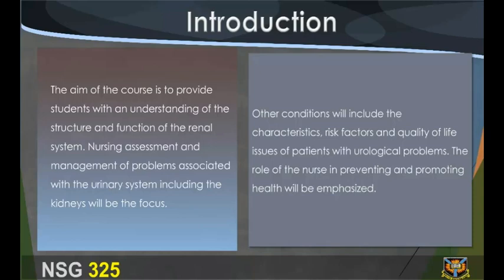Nursing assessment and management of problems associated with the urinary system, including the kidneys, will be the focus. Other conditions will include the characteristics, risk factors, and quality of life issues of patients with urological problems. The role of the nurse in preventing and promoting health will be emphasized.